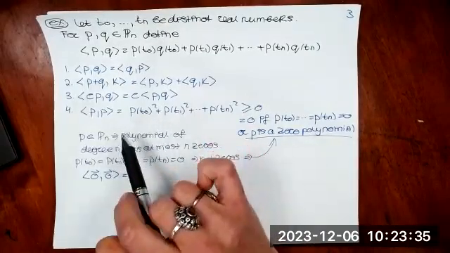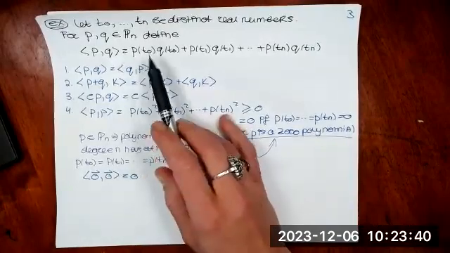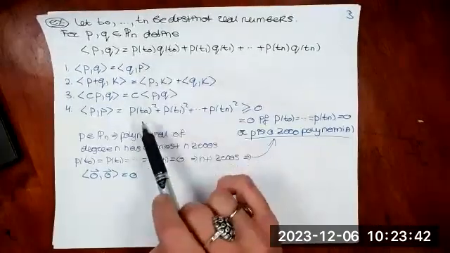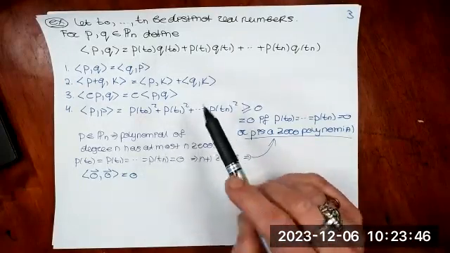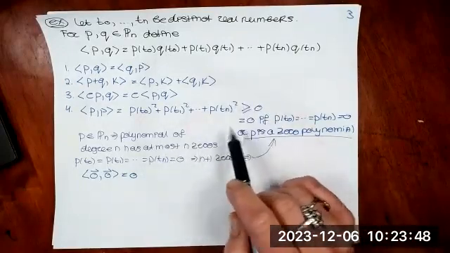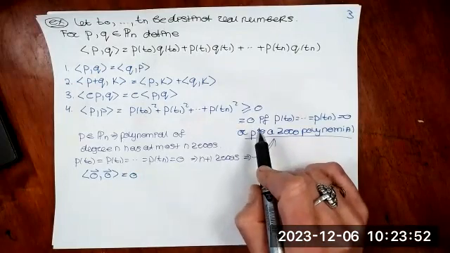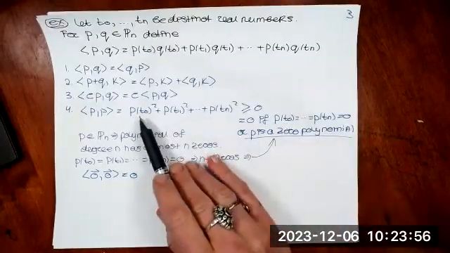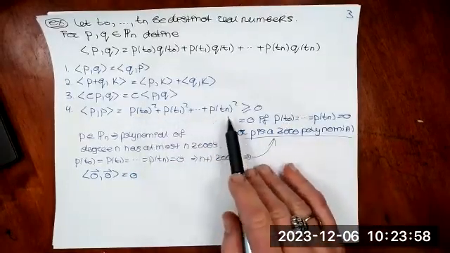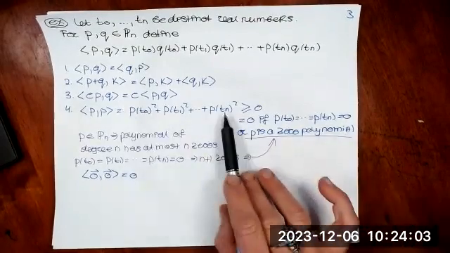And then for the product of P with P, I'll have P of T0 times P of T0. So this will be P of T0 squared, P of T1 squared, P of Tn squared. This will be greater or equal to 0. And if it is equal to 0, that would mean that each one of those, P of T0, P of T1, and P of Tn, they all have to be equal to 0, because they're all squares.